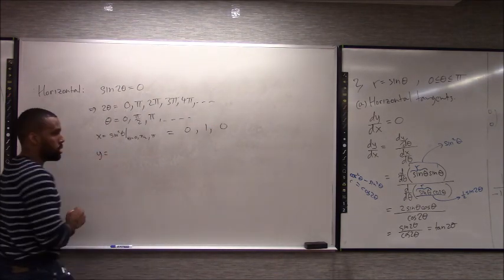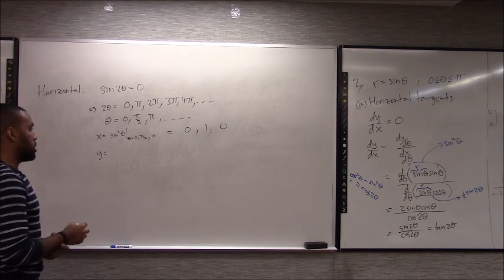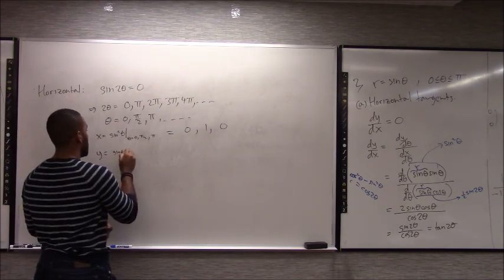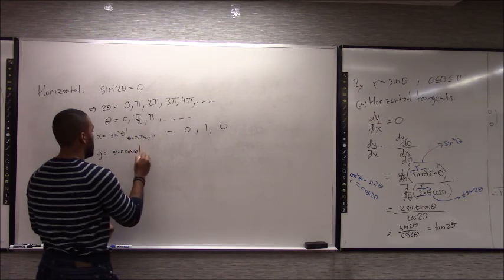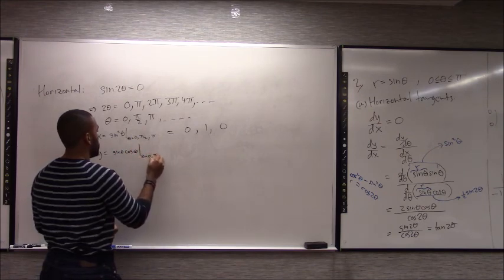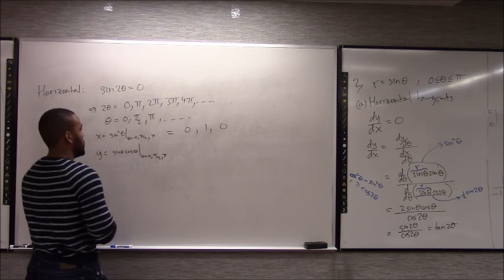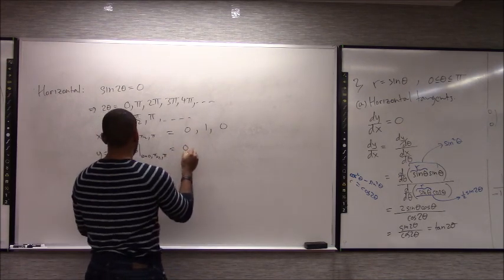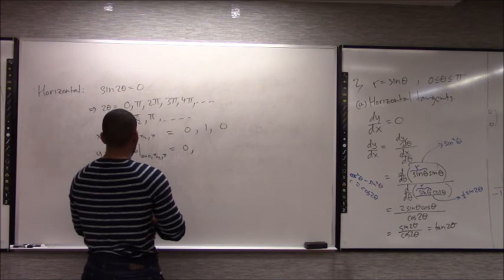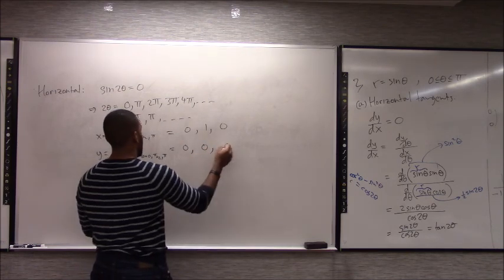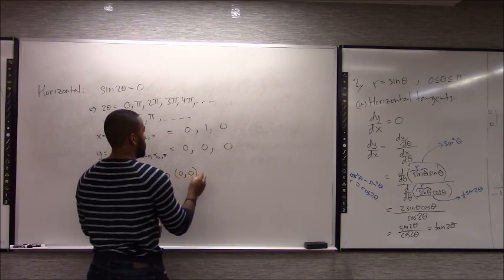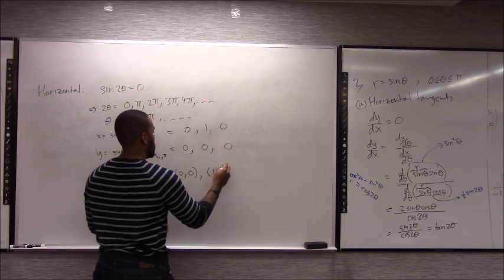My y would be r sine theta. So that's going to be sine theta cosine theta, evaluated at theta equals 0, pi over 2, and pi. So correspondingly, that will give me 0, 0, 0. So the coordinates are the origin and the point 1, 0, right? For horizontal tangent lines.